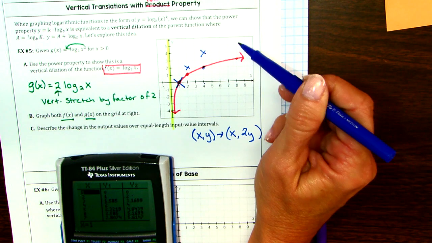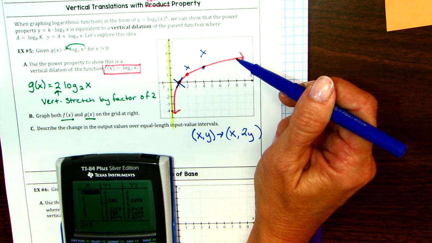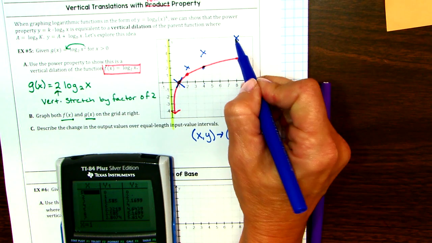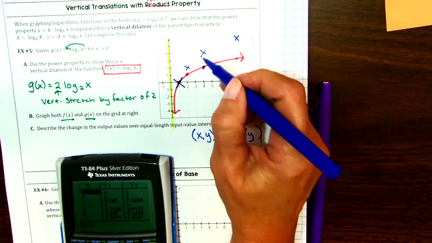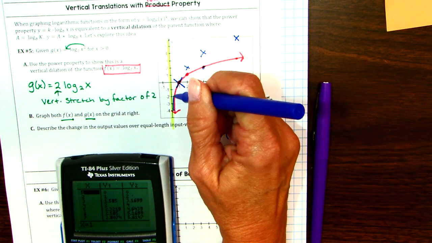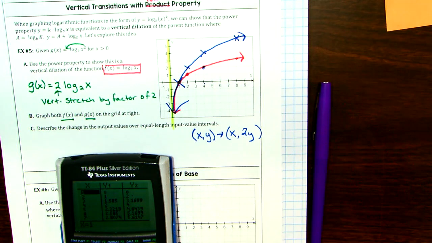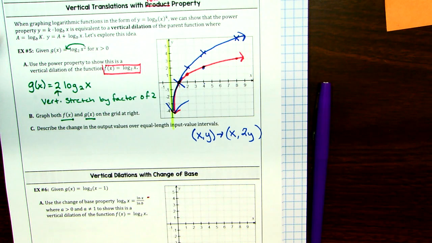This one would be 8, 6, because it's 8, 3. Multiply 3 by 2, we get a 6. So if we didn't have our graphing calculator to do that, we could have easily just multiplied the y values by 2. The asymptote doesn't change. The behavior of the graph doesn't change. Just the y values got stretched. It makes the graph taller, I guess you could say.